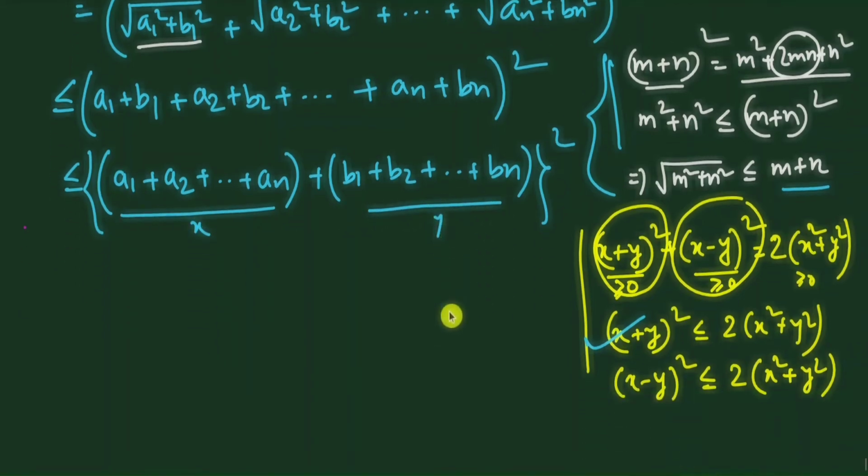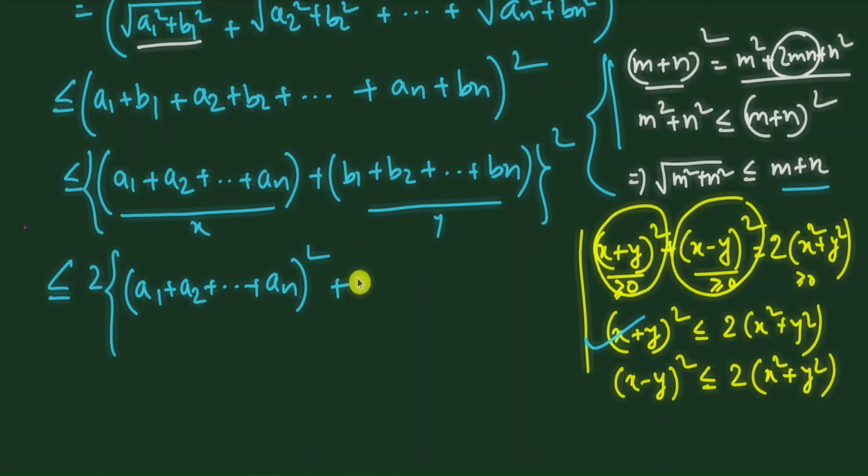That means this is less than or equal to 2 of x square plus y square. X means a1 plus a2 plus an whole square, and b1 plus b2 plus bn whole square.